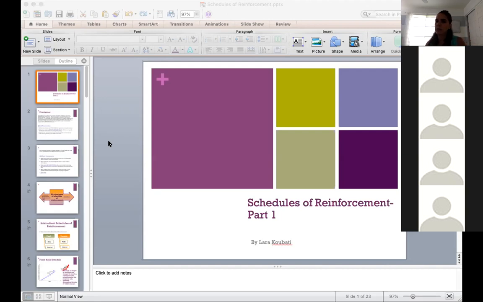I think other resources have it this way: which ones have simultaneous presentation, which ones have successive, and which are neither, which is concurrent. So you see in different resources different ways of categorizing them, trying to make it easier for us to remember them. Any questions?